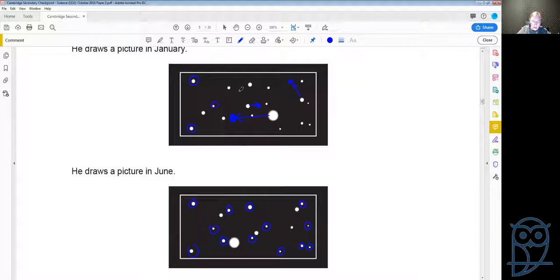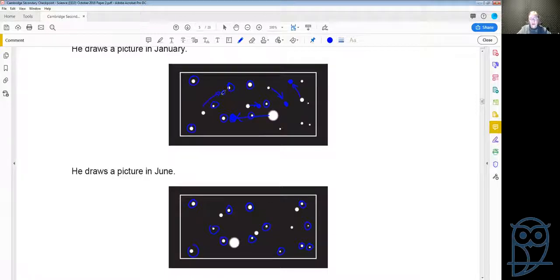That one's the same. Those are the same. Those are the same. Okay, so we've got this star here, which moved to over here. And then lastly, we have that star here, which moved to over here.